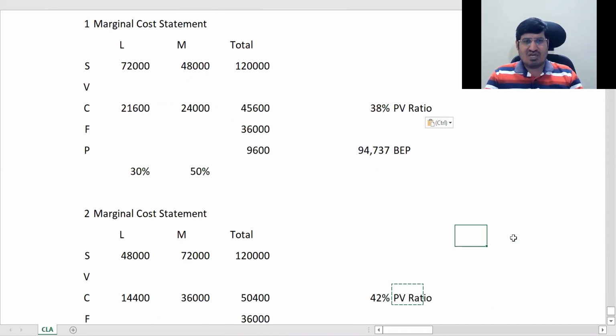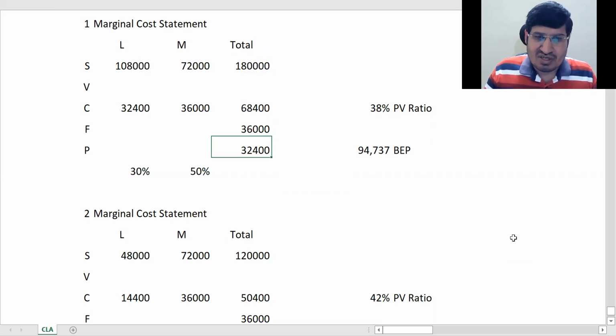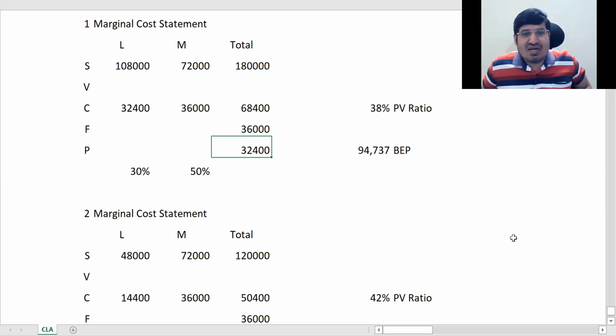Next part he's saying is if total sales is 1,80,000, then what will be the profit? So I can get it directly. Profit is going to be this much then, 32,400 in this case.